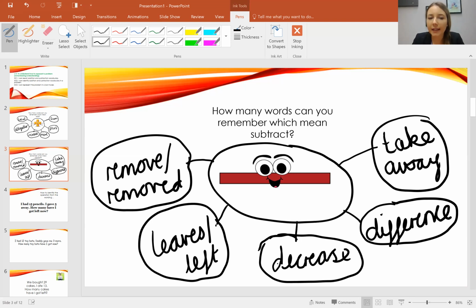So if you don't have any of those words on your list or on your bubble map, please pause the video now and add those to your bubble map. Off you go. Have you done that? Well done. You're going to need to keep that somewhere safe because you will need to refer to that over the next few days in your lessons.